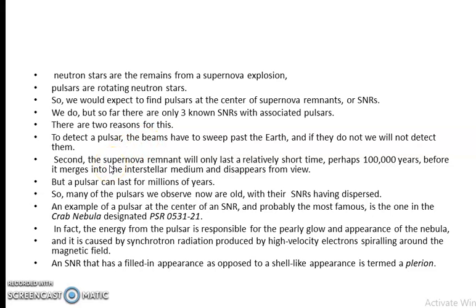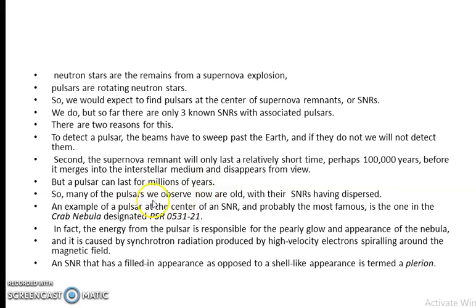And the second reason is that the supernova remnant will only last for a relatively short time. അതായത് സൂപ്പർനോവ റെമനന്റ് ഒരു 10 to the power 5 years, ഒരു ലാക്ക് ഇയർ ഓർഡറിലൊക്കെ അതിന് ലൈഫ് പീരീഡ് ഉള്ളൂ. And after that it merges into the interstellar medium and disappears from view. But the pulsars can last for millions of years.